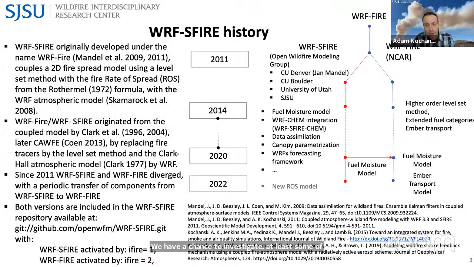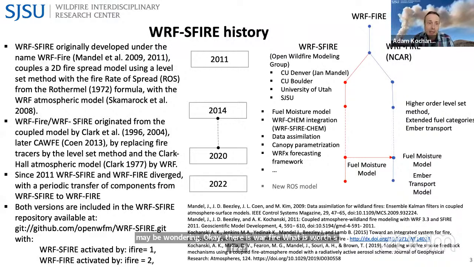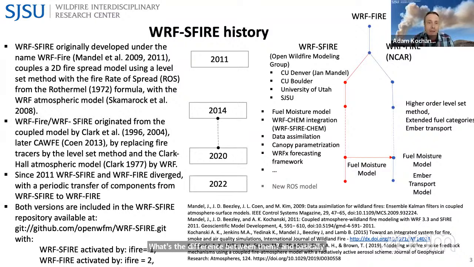Before I go into the actual examples, just a quick note about WRF S-fire history. You may be wondering, there is WRF fire, what is WRF S-fire, what's the difference between them? Everything started early as WRF fire code. After adding the WRF fire code to the official WRF repository, at some point we had to diverge.